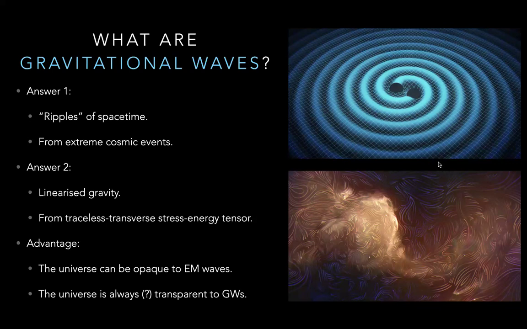A more technical answer is that gravitational waves are a result of linearizing the otherwise nonlinear theory of relativity. If you linearize the theory, a wave equation comes out, and that's interpreted as the gravitational wave equation of motion. They are produced by the space-time variations of a particular kind of stress energy tensor, which can be from two black holes merging into each other.